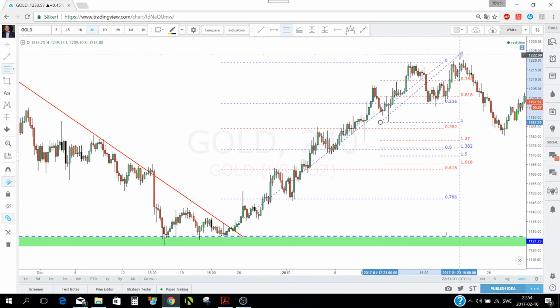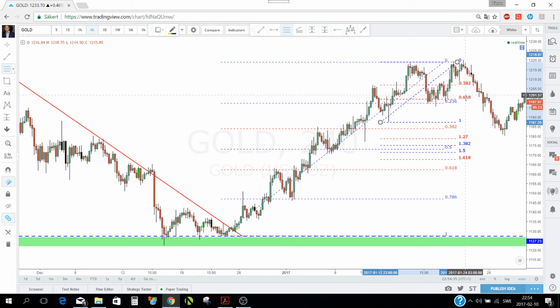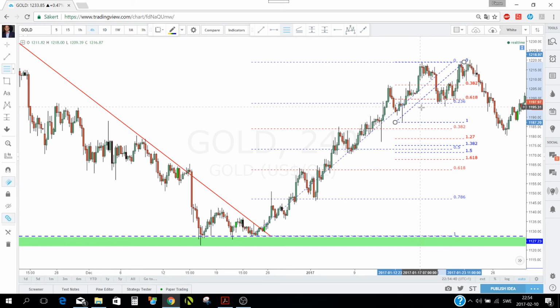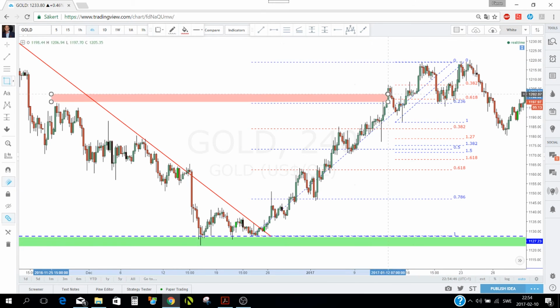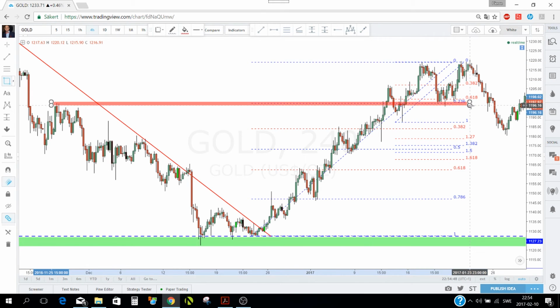If we draw it to see if we have a Fibonacci cluster, we have the 61.8 at the same level again, and at this same level we had this area back here that should also act as support, because it was a strong resistance before.